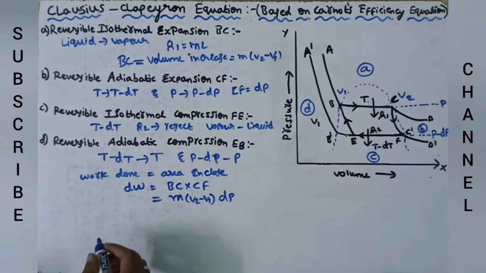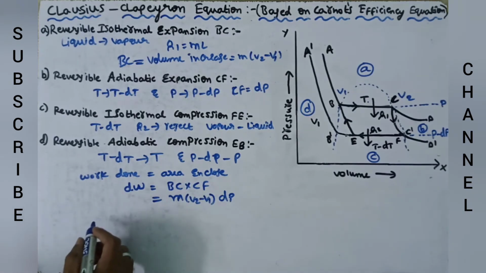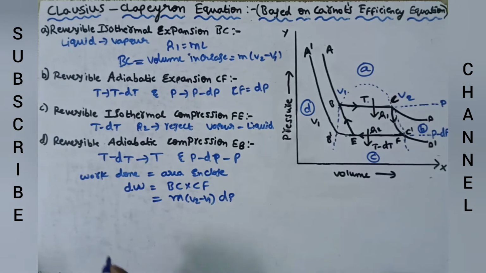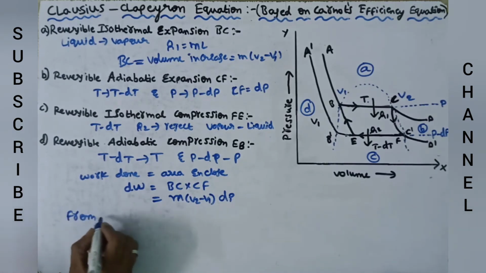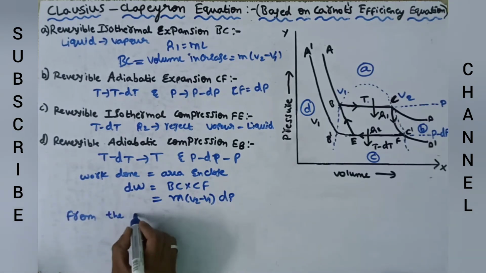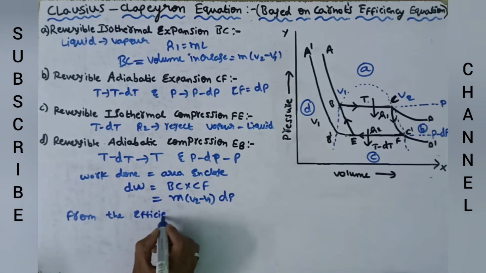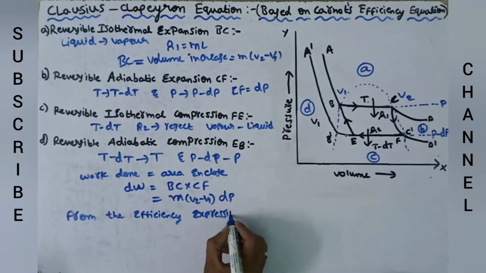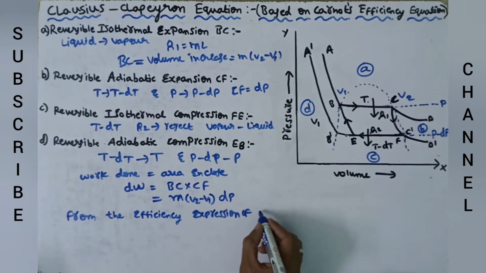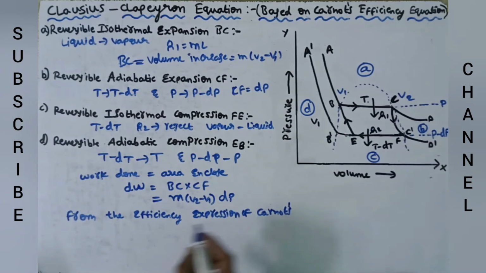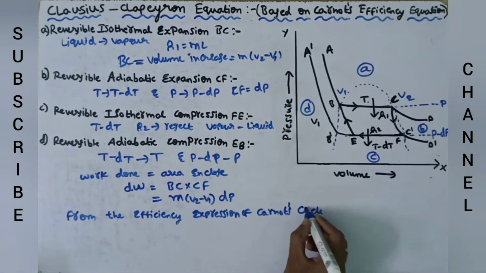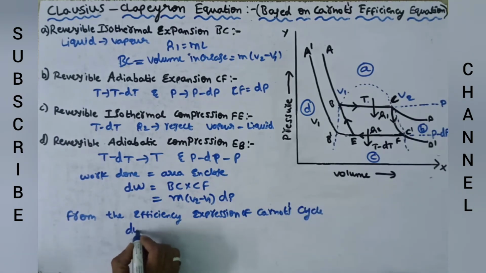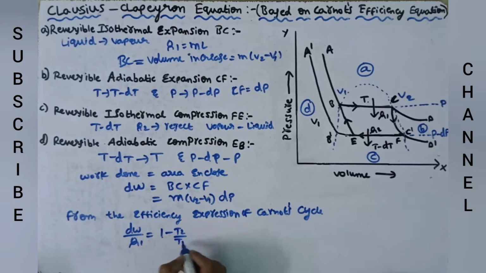According to the efficiency expression of the Carnot cycle, dW by Q1 is equal to (T1 minus T2) by T1.